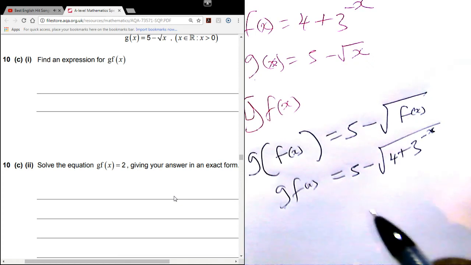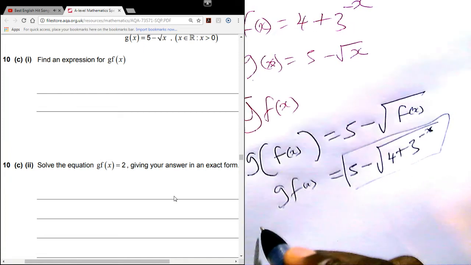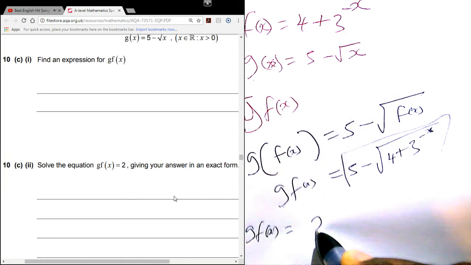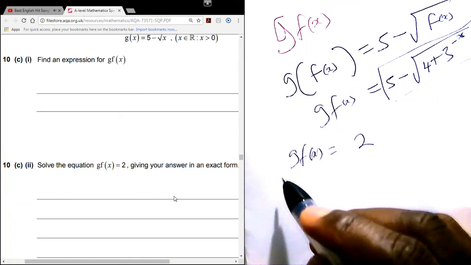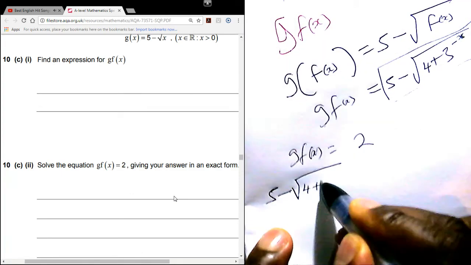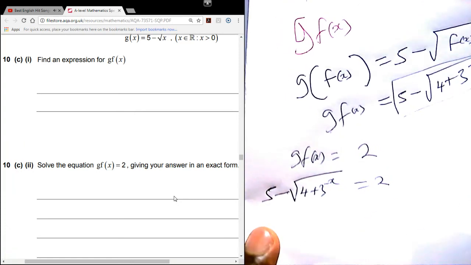Right, so to solve for g of x equals 2, we already know the expression for g of x. We just need to equate that to 2. So if g of f of x equals 2, that means 5 minus the square root of all that jargon you saw earlier would be equal to 2. Now this is all about rearranging.